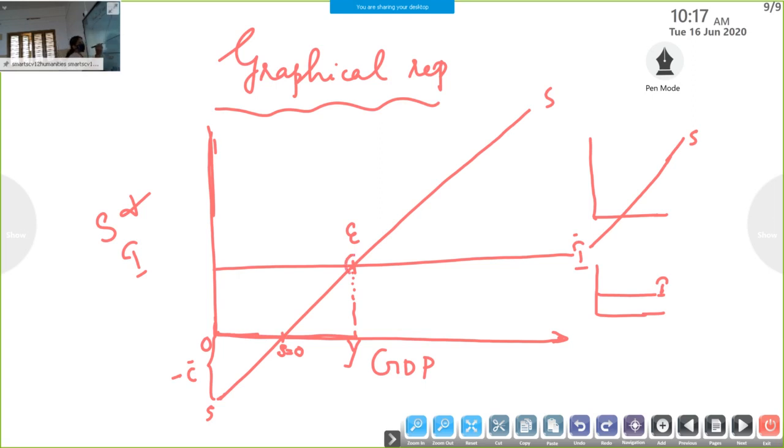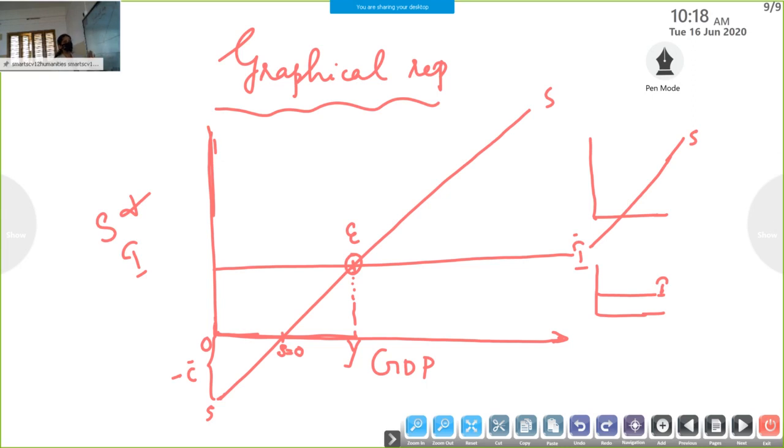Here also we can say at this level there is no unsold stock with the producers. That means what the households wish to save, because saving is investment, and what households wish to save is always equal to what the producers wish to invest.